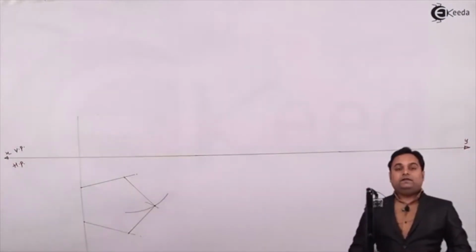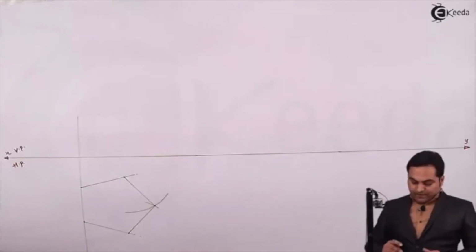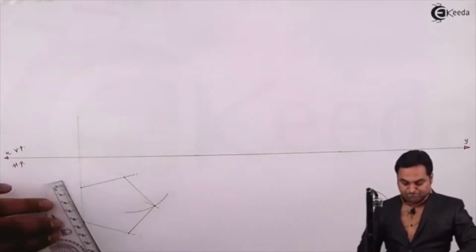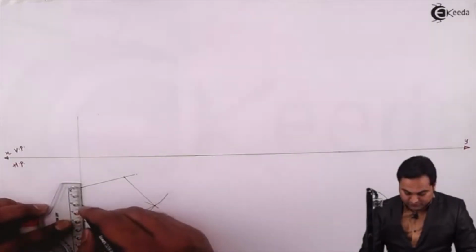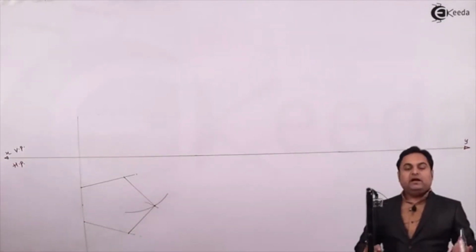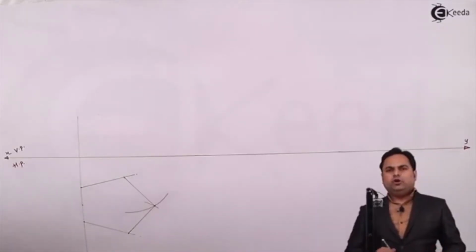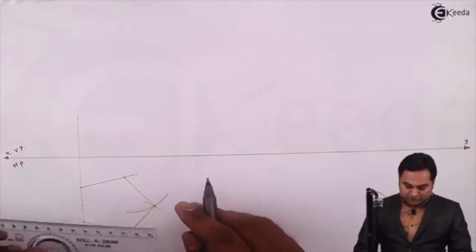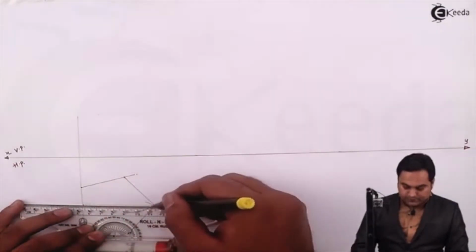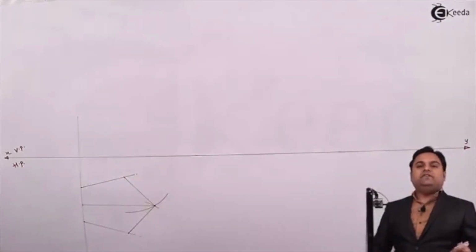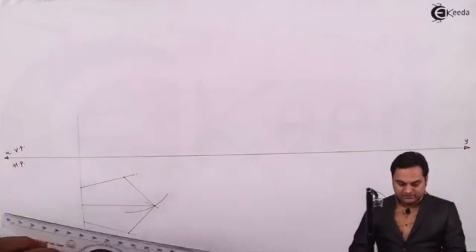Now I'll get the apex. For that, I'll have to take the midpoint of any one of the sides. So when I take this midpoint, I need to connect this to the opposite corner. So the opposite corner is here. So connecting it. Then similarly, I have to take the midpoint of any other given side.